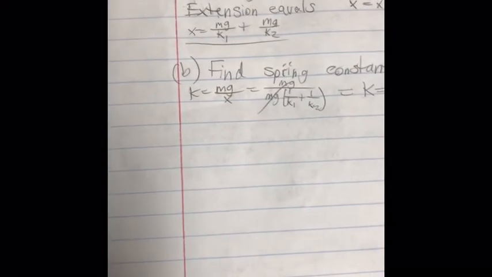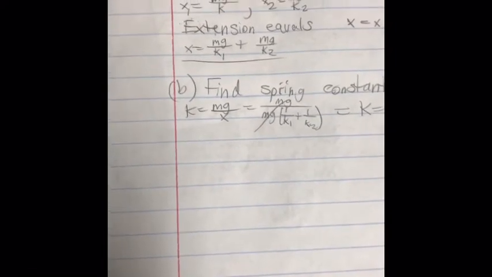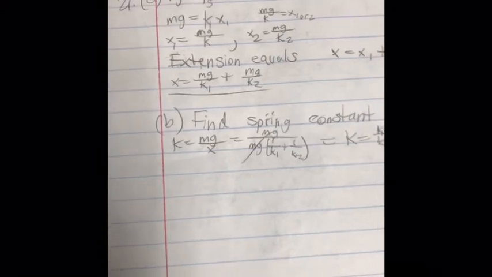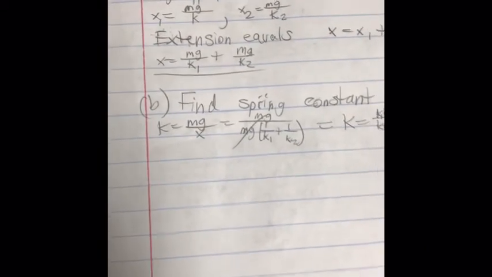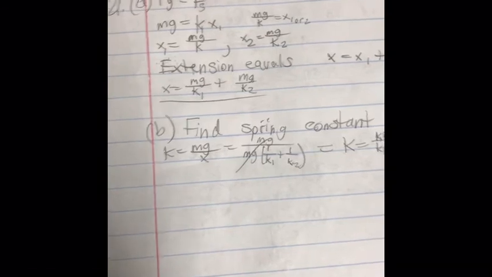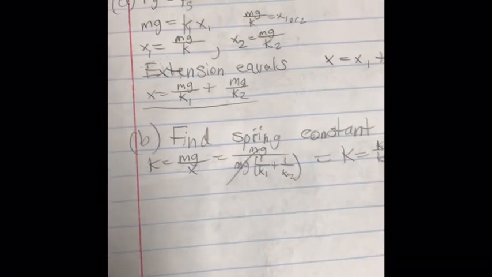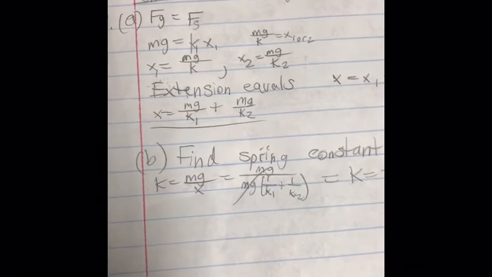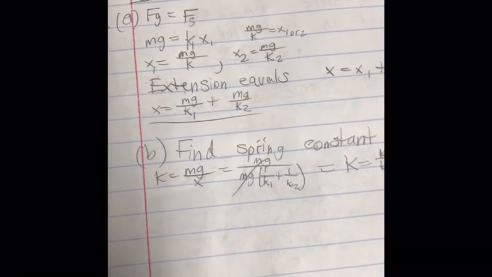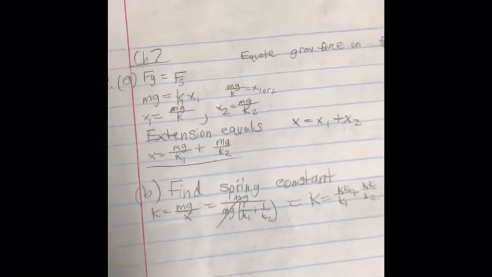A light spring with spring constant k1 is hung from an elevated support. From its lower end, a second light spring is hung, which has spring constant k2. An object of mass m is hung at rest from the lower end of the second spring. Find the total extension distance of the pair of springs.